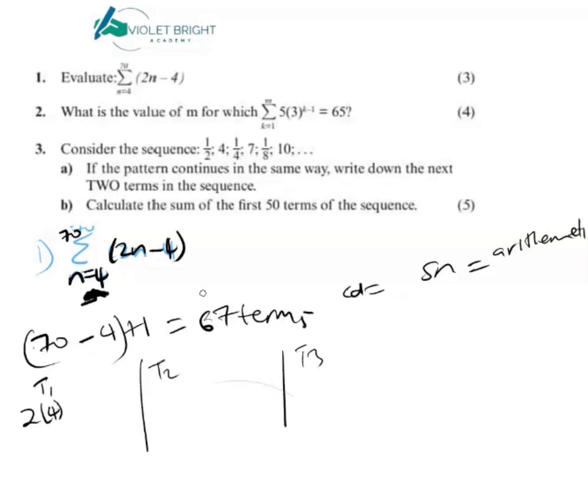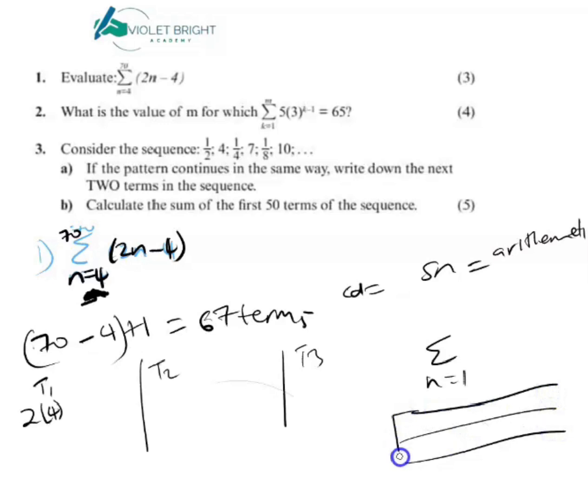Remember, if our n starts at 1, let's make this table like we used to work with in grade 9. It's n, and this is the term. So it's n of 1, n of 2, n of 3.